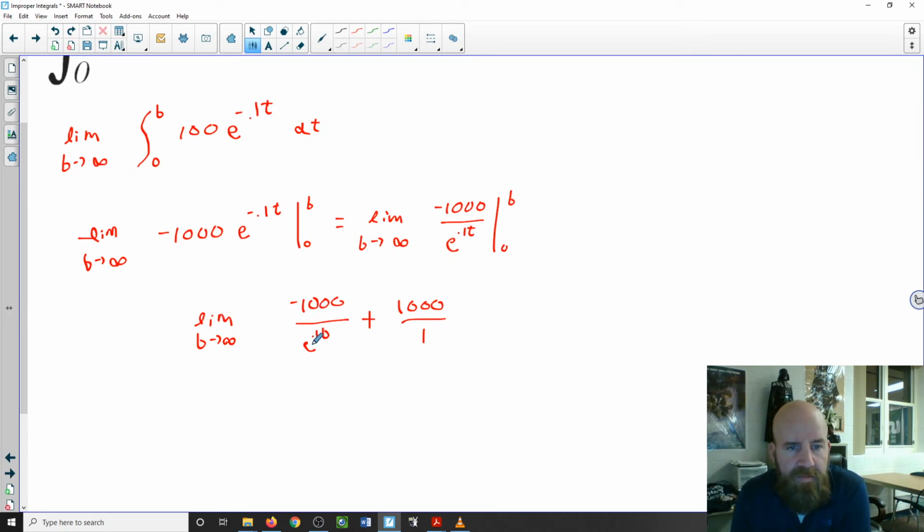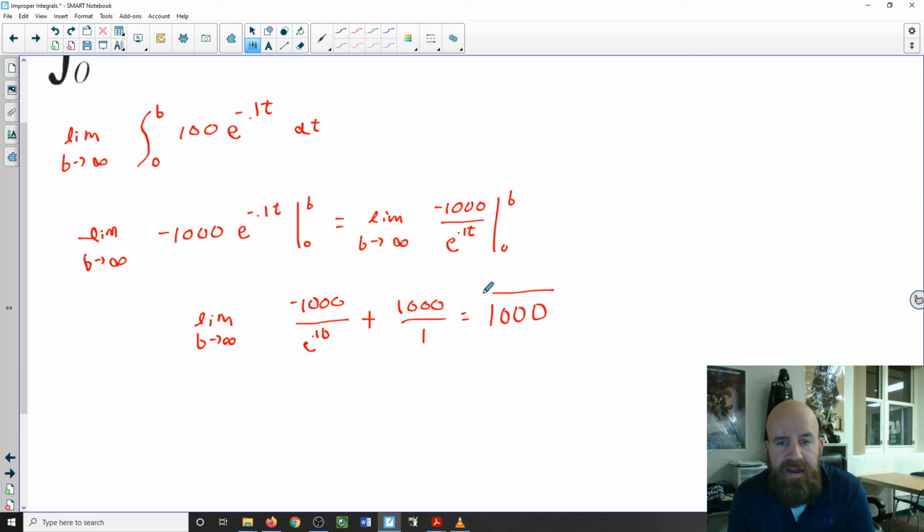Now if we run the limit, e to the infinity, if you remember the graph of e, as we approach infinity on the x-axis, goes to infinity. So we have -1000 over infinity, and this is going to approach 0. So the limit ends up being just this 1000.